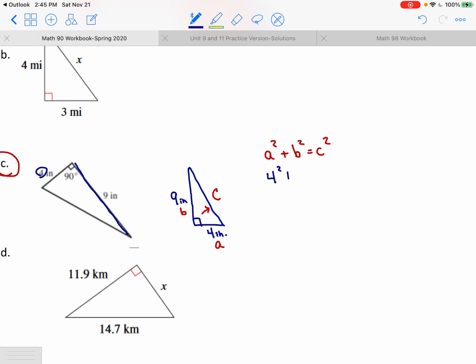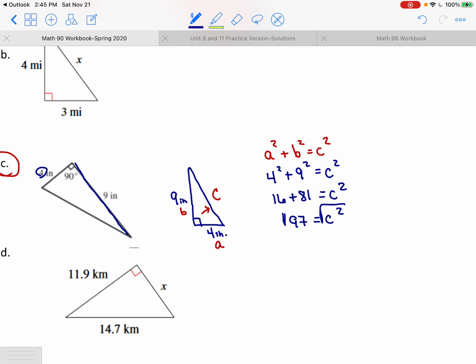I know my A is 4 inches, plus 9 inches squared is equal to C squared. 4 squared is 16, 9 squared is 81, 81 plus 16, 97 is equal to C squared.